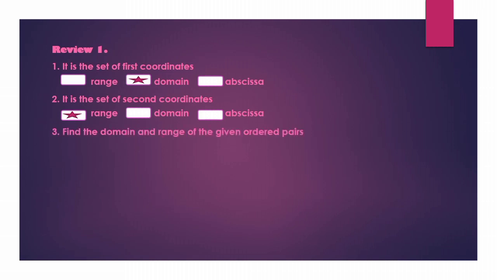And the last one. Find the domain and range of the given ordered pairs. (1, -1), (2, -2), (0, 3), (-1, 2), (-2, -2), (-2, 3), (-1, 1).